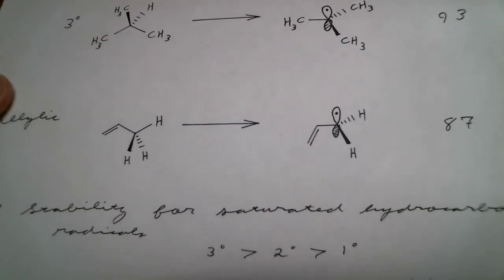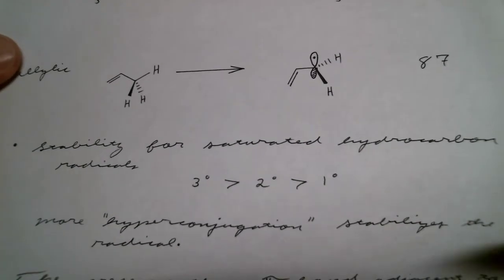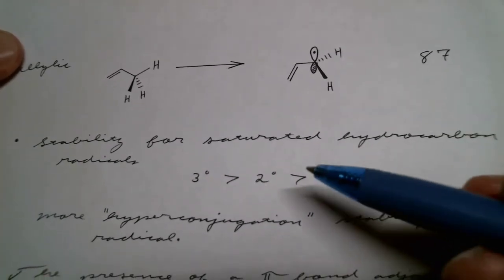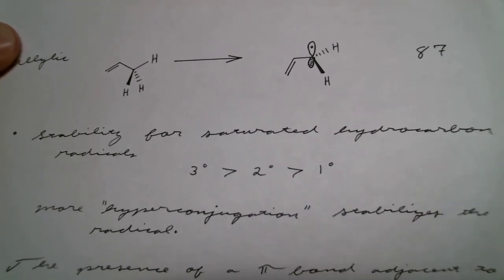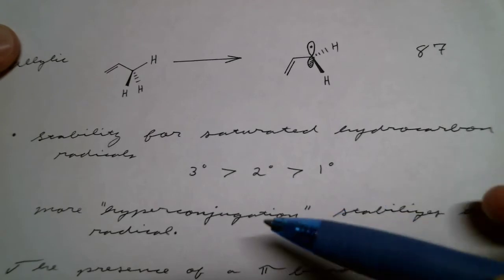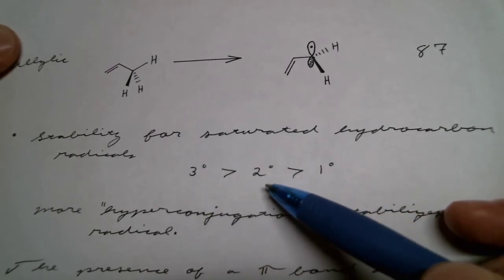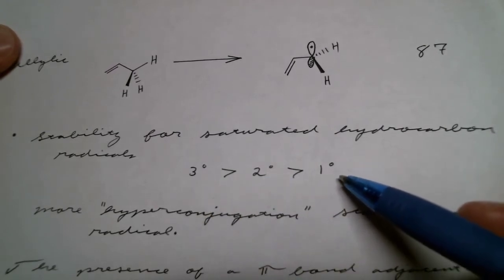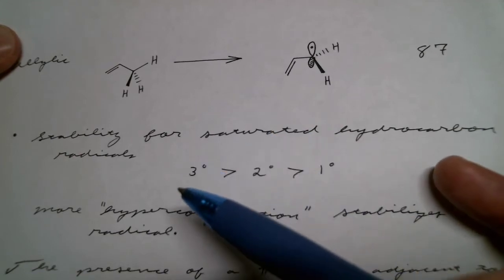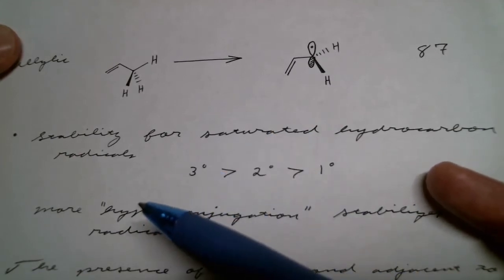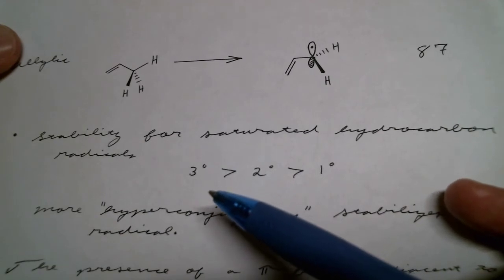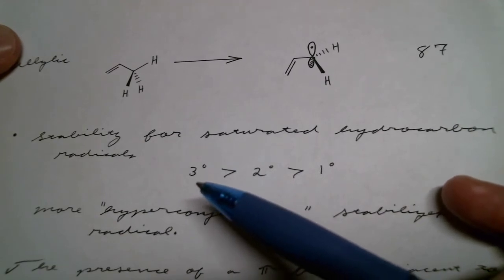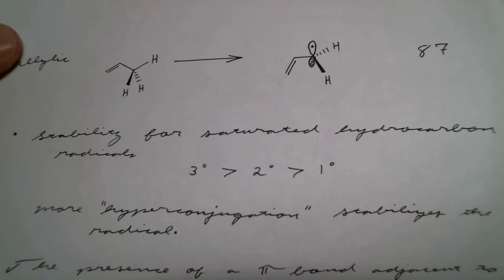So this is the same stability trend for saturated hydrocarbon radicals as is observed for carbocations. Tertiary radicals are more stable than secondary radicals are more stable than primary radicals. Of course, primary allylic radicals are even more stable than normal saturated tertiary hydrocarbon radicals.